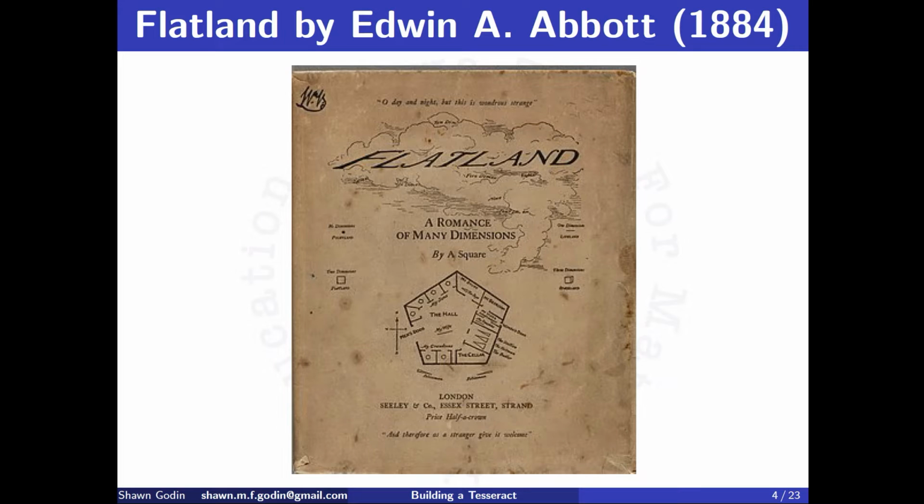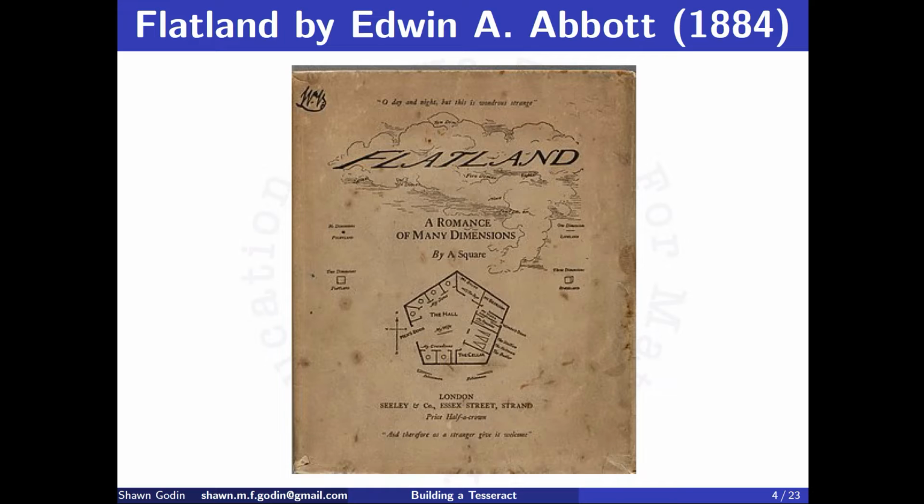Now, the square can't envision three-dimensional space, so the sphere goes through a long period of time trying to explain what his space is like. And eventually comes up with a nice analogy for the square to be able to envision what a cube, or a three-dimensional version of him, would be.